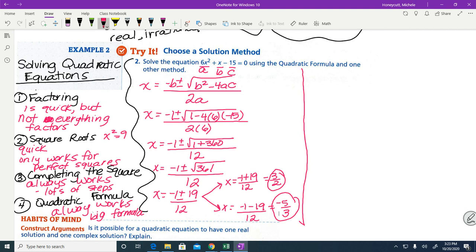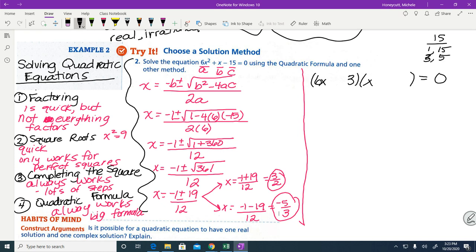Now I'm going to try this one by factoring because that's option 1. So let's see if it will factor. I'm going to break it apart into 2 sets of parentheses, set equal to 0. Let's try 6x and 1x. And then to get 15, I can do 1 times 15, 3 times 5.